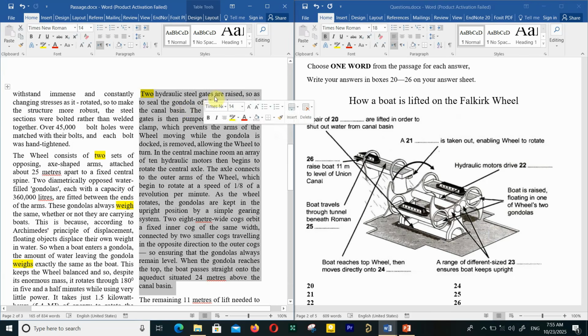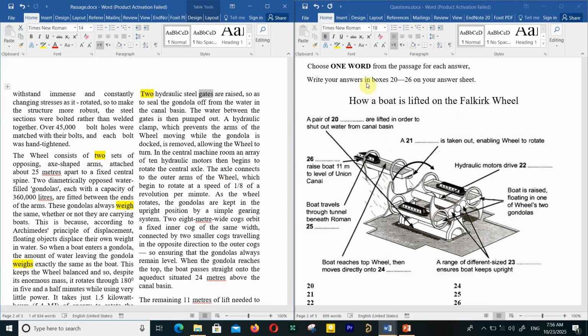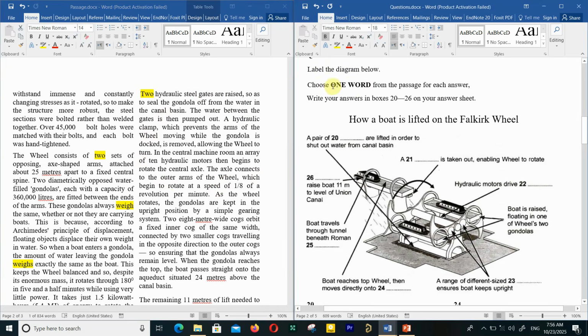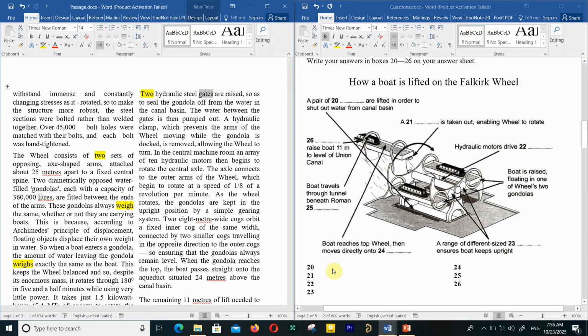This is our answer, gates. You see? And you had to choose just one word, not "hydraulic steel gates," just gates for question 20. So this is how we can find the answer, gates, for question 20.